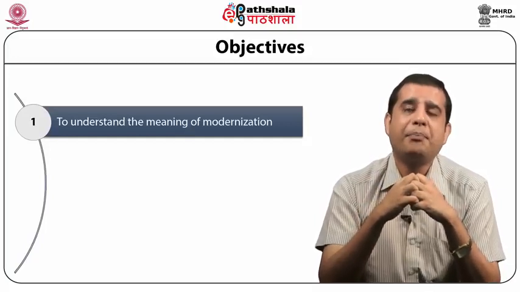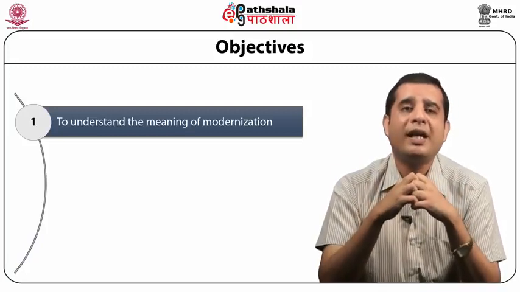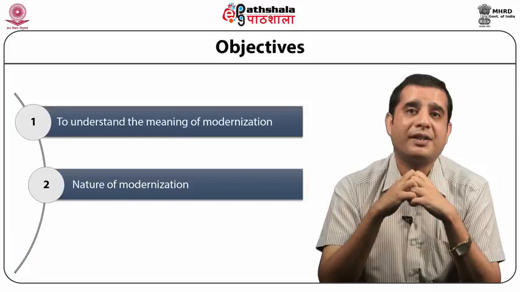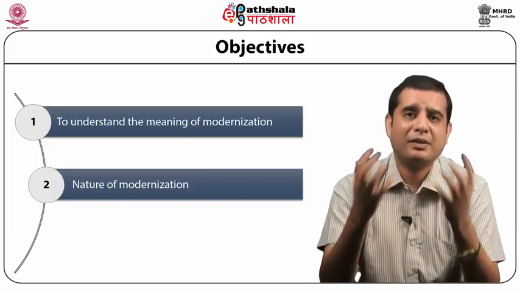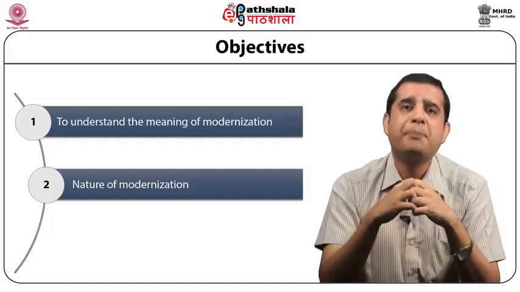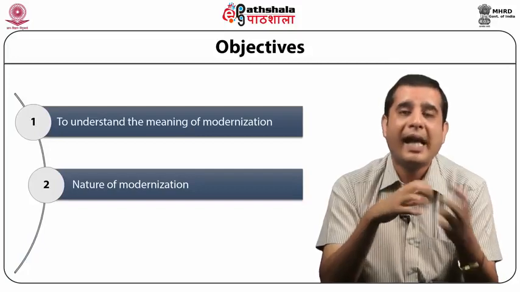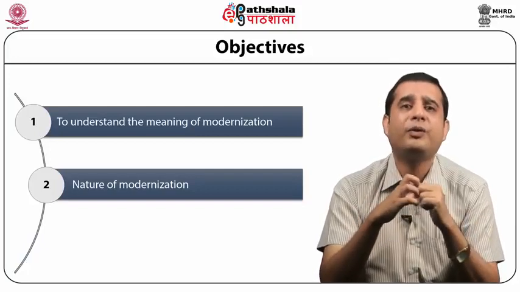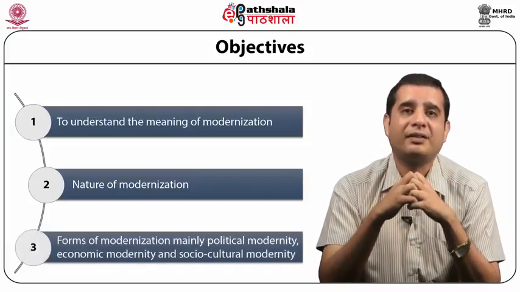The second important aspect that we are going to study in this module is the nature of modernization. Again, in this aspect, I am going to look at the views and perspectives of different scholars of comparative politics. And the third thing that we are going to learn about is the forms of modernization.